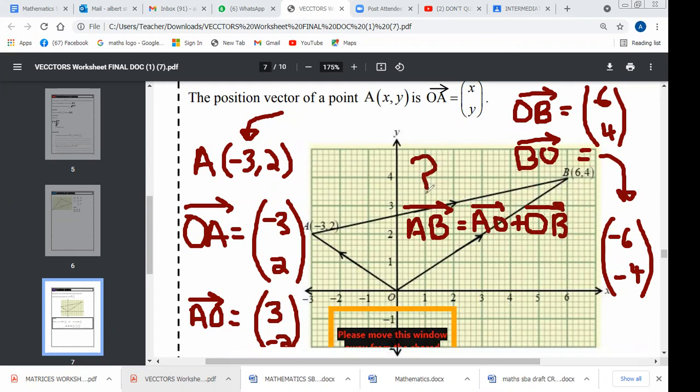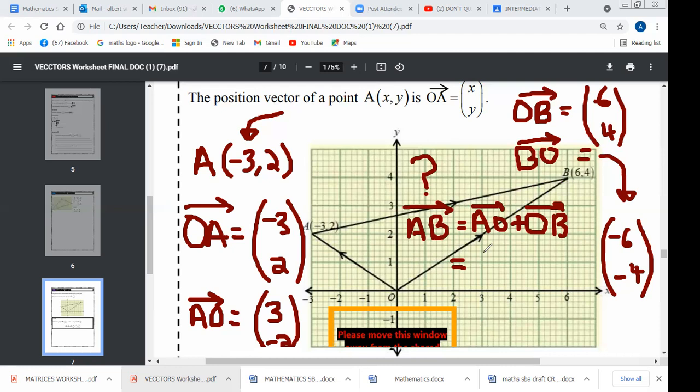So that's my question. Determine the value of A to B. To answer the question, you have to write out the vector equation, or the position vector equation, as a student would have referred to it. And the vector equation is A to O and O to B. What is A to O?